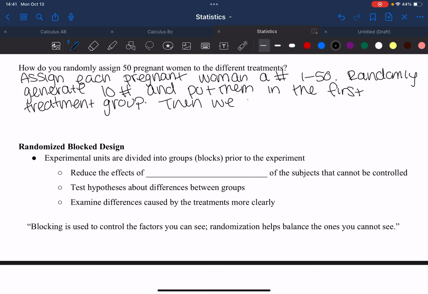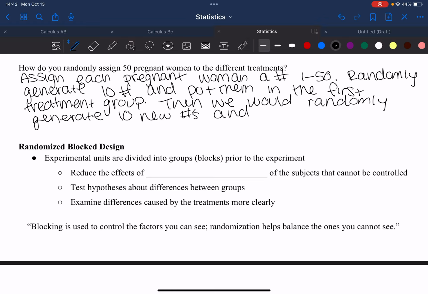Then we would randomly generate 10 new numbers and put them in the second treatment, which was Nature Made.